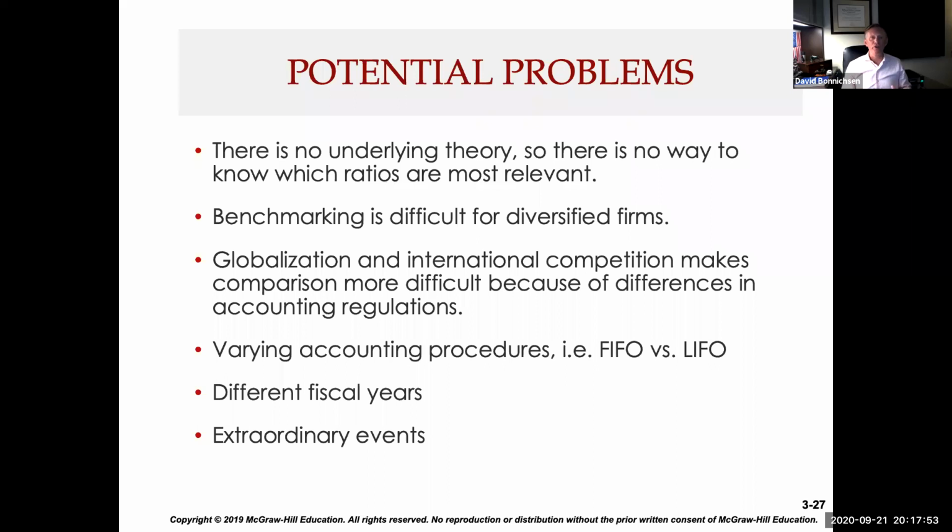We don't necessarily know which ratios are going to be the most relevant until we look at them, and we look at them not only in the context of the particular company, but also in the context of the industry that company participates in. Getting back to the conversation we were having around the quick ratio and the current ratio, the acid test and the cash ratio, and whether or not they were good or bad, you don't know.